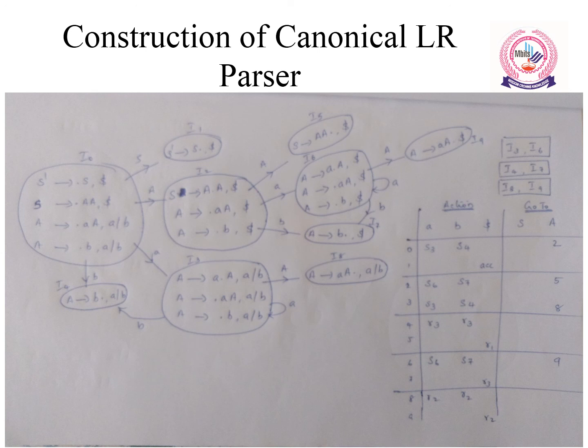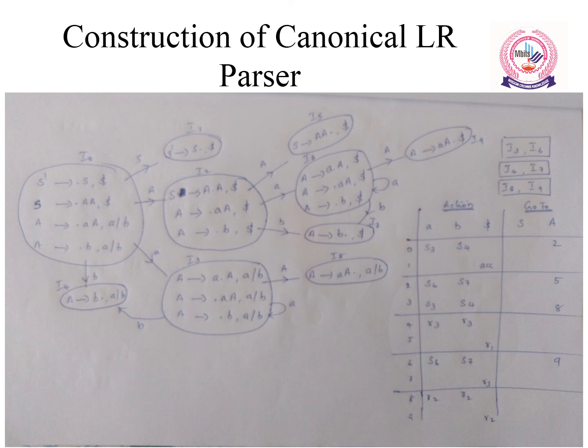This is R1, this is R2 and this is R3. When we look into state I5, dollar is the lookahead symbol. So only when dollar comes do we need to perform the reduction, here it is R1.